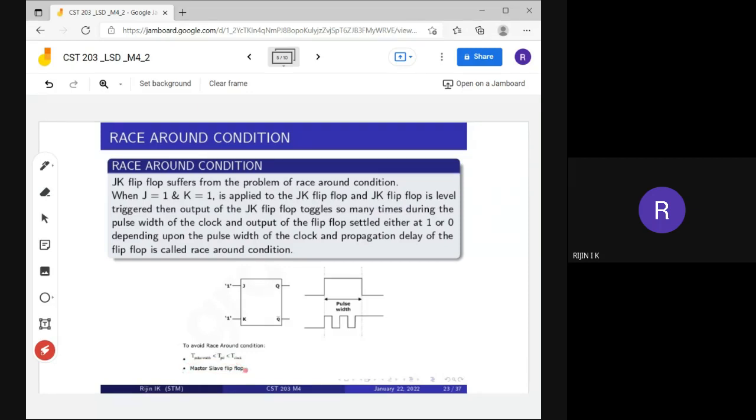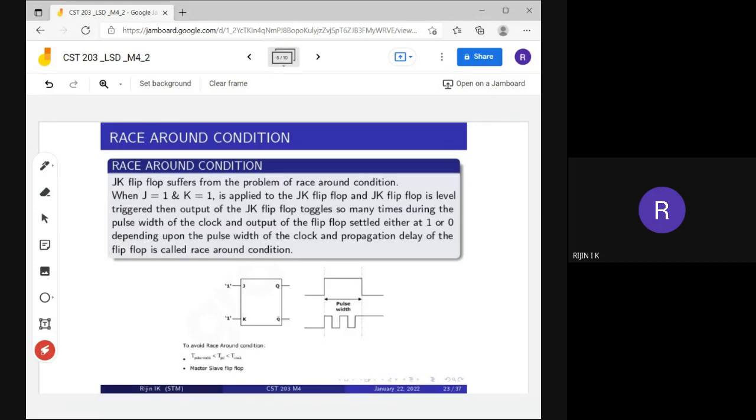We can study that master-slave flip-flop in the next class.